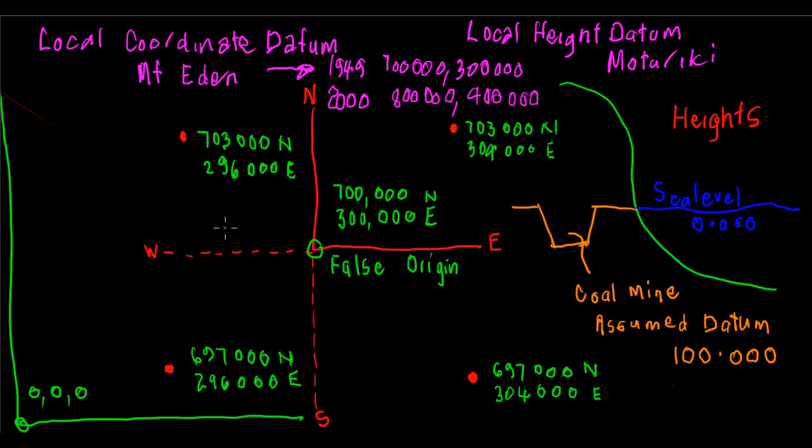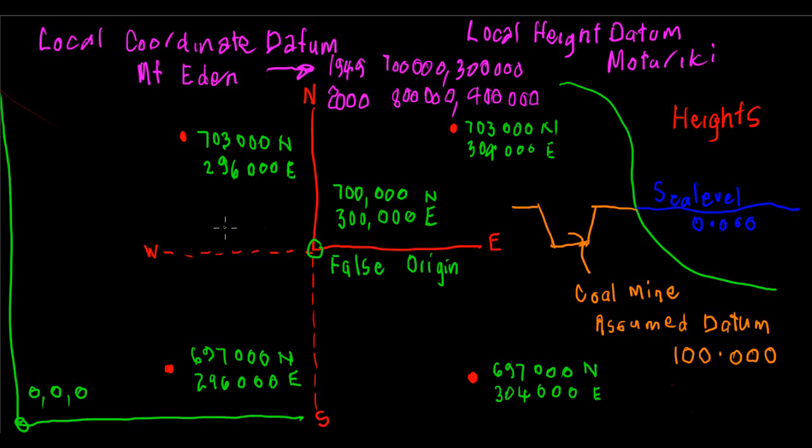Since 1949, gear has got more accurate, and in 2000 they decided to use a new datum, a dynamic datum that allows for some movement of the Earth's surface over time, and the new datum, New Zealand Geodetic Datum 2000, adopted a false origin value of 800,000 and 400,000.